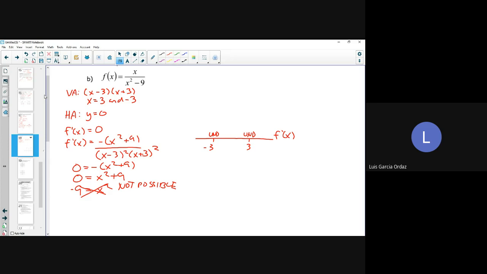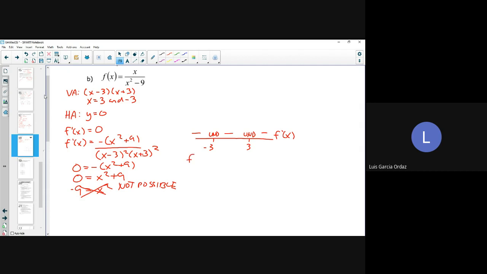So I need to figure out if I'm increasing or decreasing in those regions. If I sub in a value between negative 3 and 3 into f prime of x, I'm going to get a negative value, which means that I'm going to be decreasing from negative 3 to 3. If I take an x value that is bigger than 3, I'm also going to be decreasing, and an x value that is less than negative 3, I'm going to be decreasing as well.